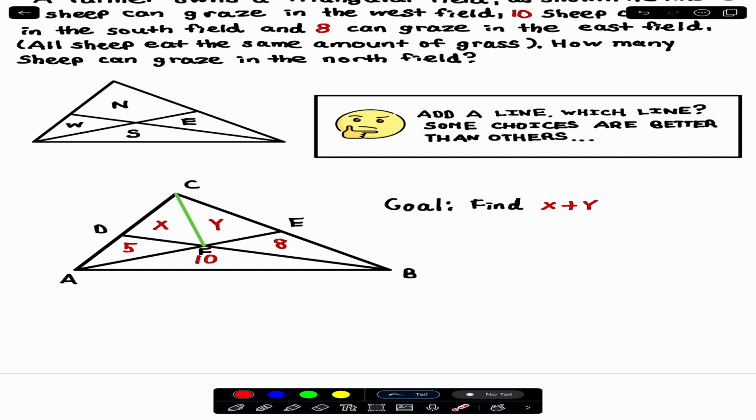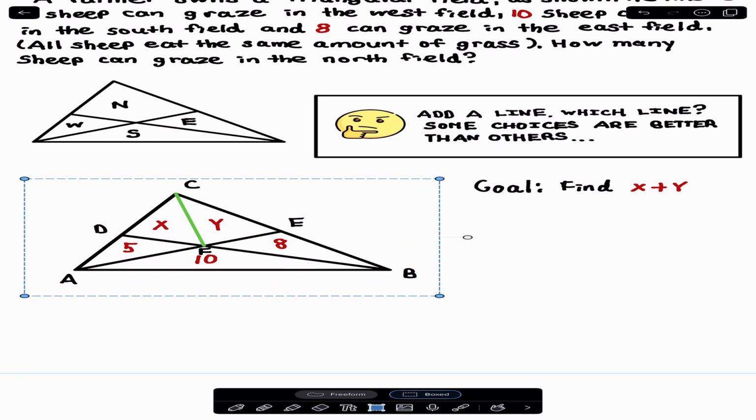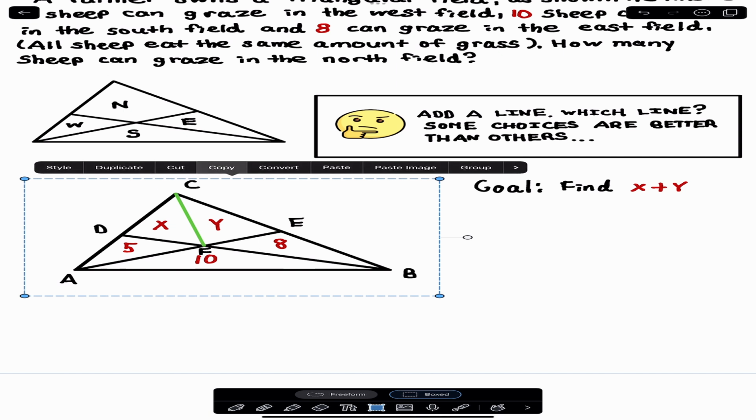So great, we have a strategy now. Let's do it. And we're going to be using the same altitude principle that we've been doing this entire time. So I'm just going to move this over here so I can cleanly grab this diagram, and let's get to work.